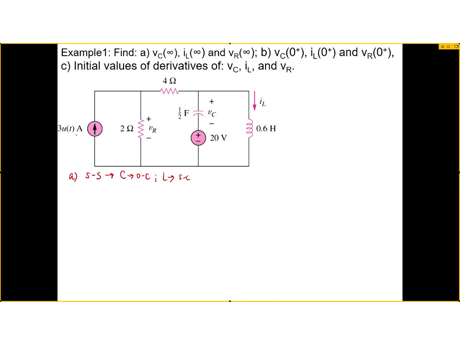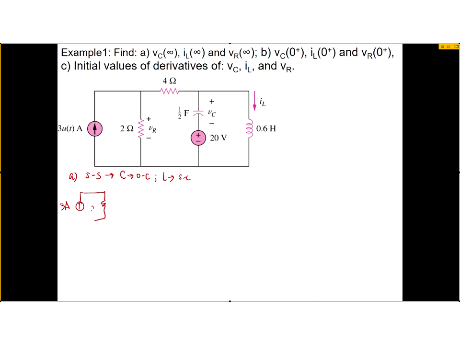Yes, because it's a step function. It comes on right after t equals 0 and stays on until infinity. So I will redraw the circuit as having, instead of 3u of t, just 3 amps now, because I'm looking at it for t greater than 0.